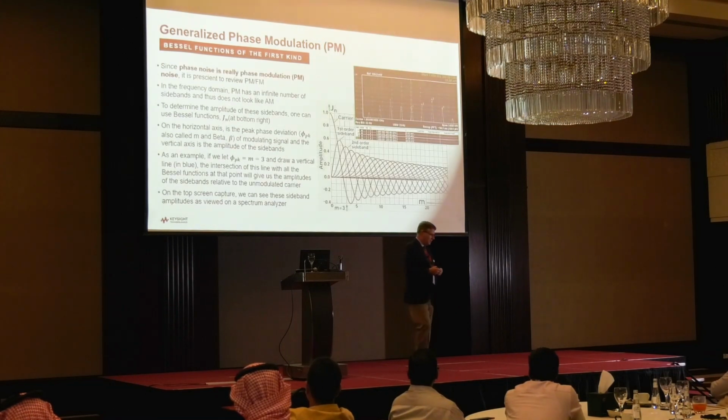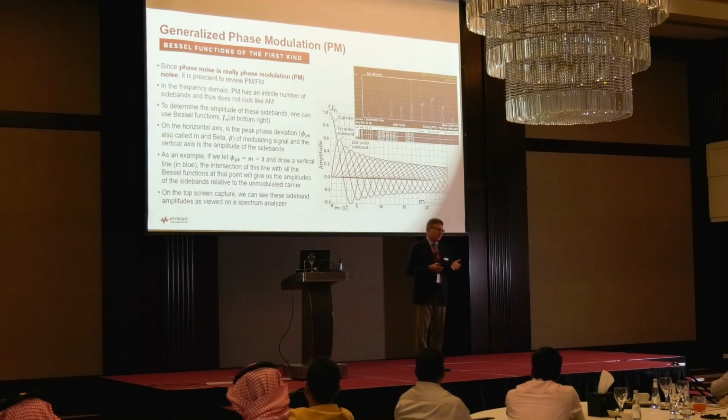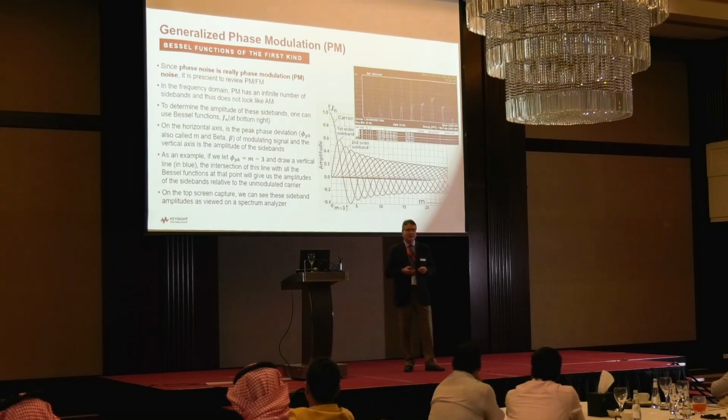So another bit of math that I want to introduce: I mentioned sidebands earlier in the case of an AM modulated or FM modulated signal. And in the case of sidebands, we can use Bessel functions to calculate the amplitude of those sidebands.